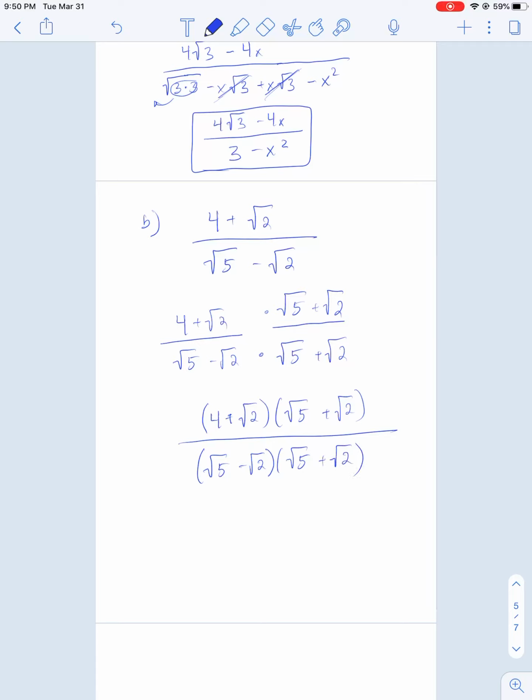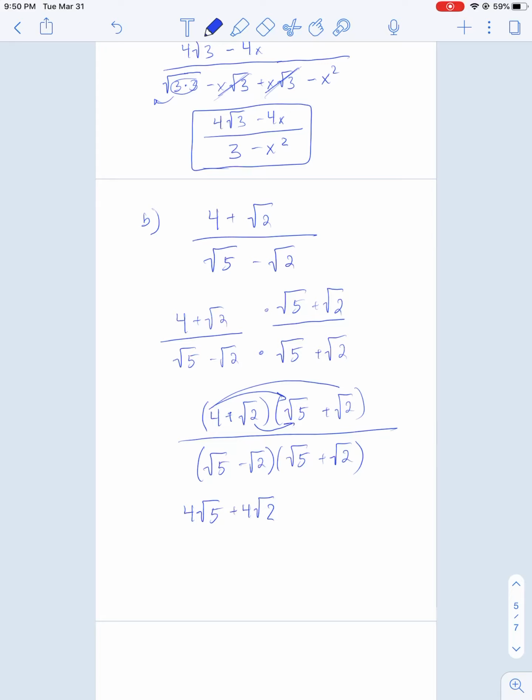And from here, we're just distributing again, or the FOIL method, right? 4 times that. 4 does not have a radical, right? So it goes in the front of it. 4 times the next one, which again does not have a radical, does not go on the inside, but in front of it. These both are radicals, so both of those numbers go on the inside.